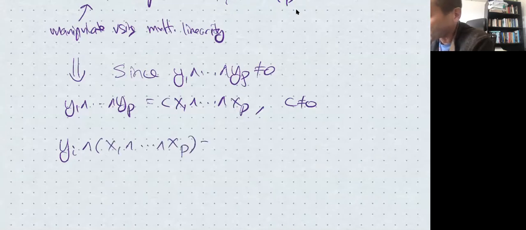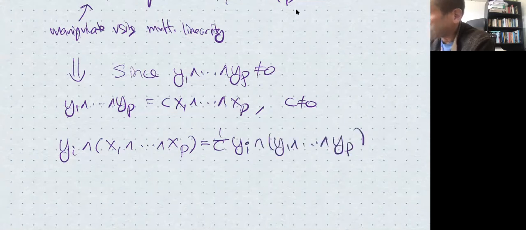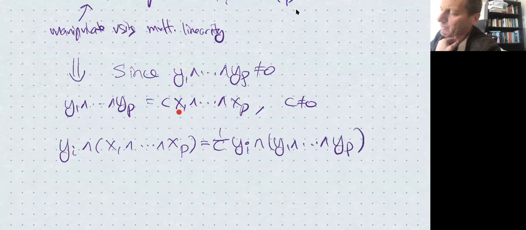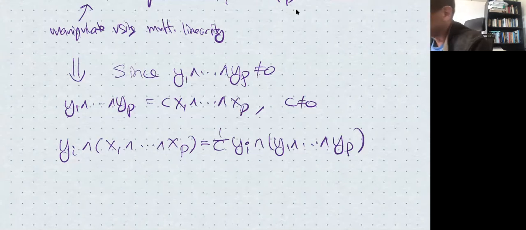This is the same as 1 over c times yi wedge y1 up to yp, with c moved over to the other side. So we get that this is this. But here we have repetition, so this becomes 0.